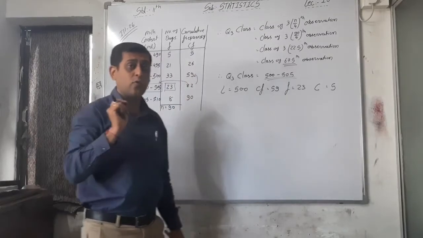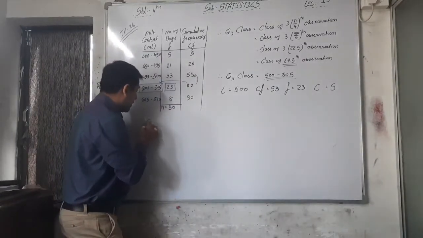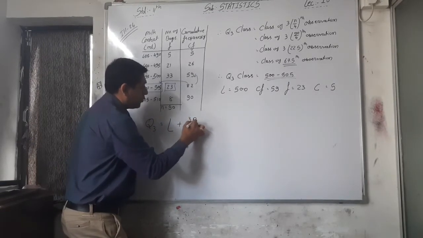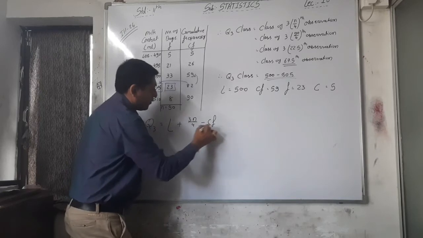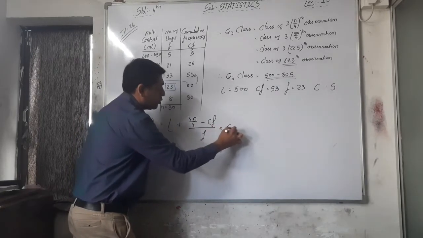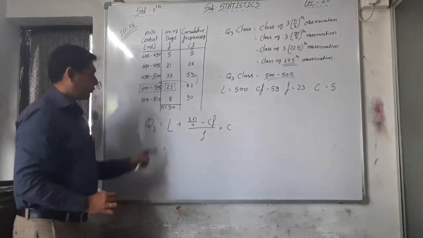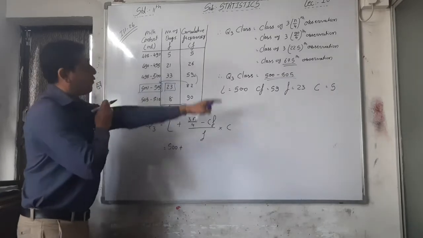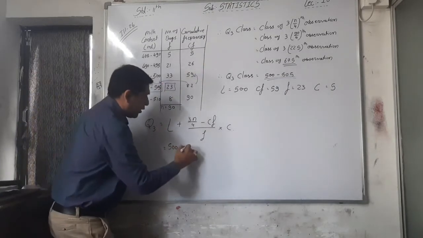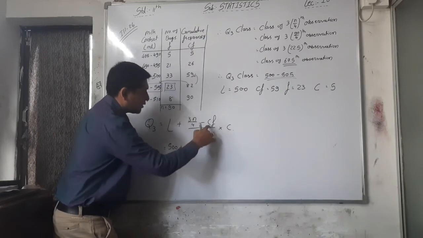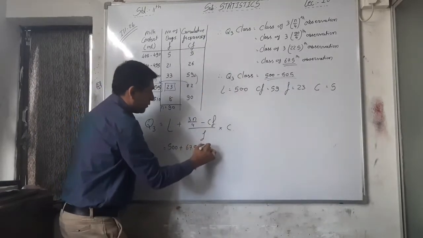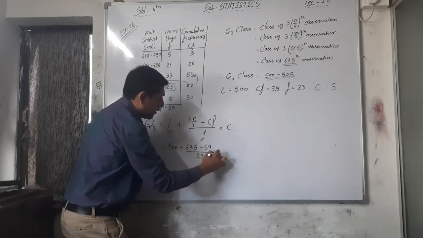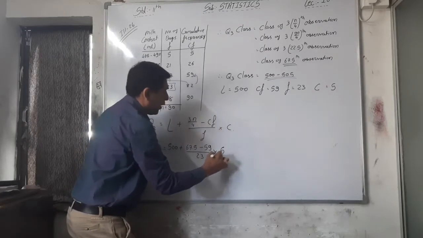The original formula for finding Q3 is: Q3 is equal to L plus 3n by 4 minus CF upon F into C. L is equal to 500, plus 3n by 4 is equal to 67.5, minus CF is equal to 59, upon F is equal to 23, into C is equal to 5.